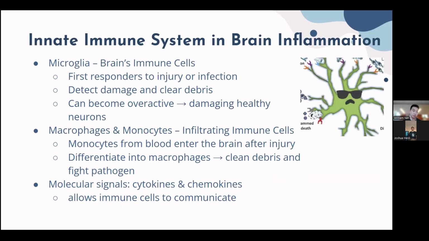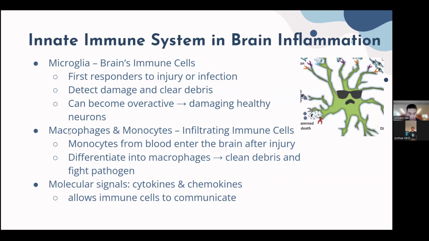Then I want to briefly introduce the innate immune system that plays a role in brain inflammation. Microglia are the brain's immune cells. They are the resident cells, so they live in the brain, and their main purpose is to survey around, look for pathogens, and kill them.